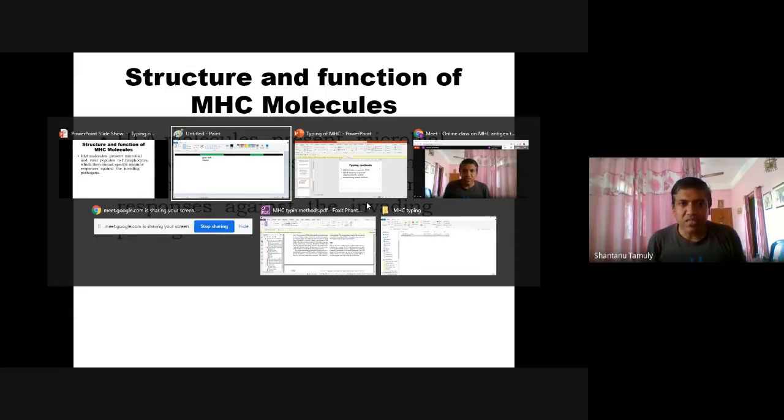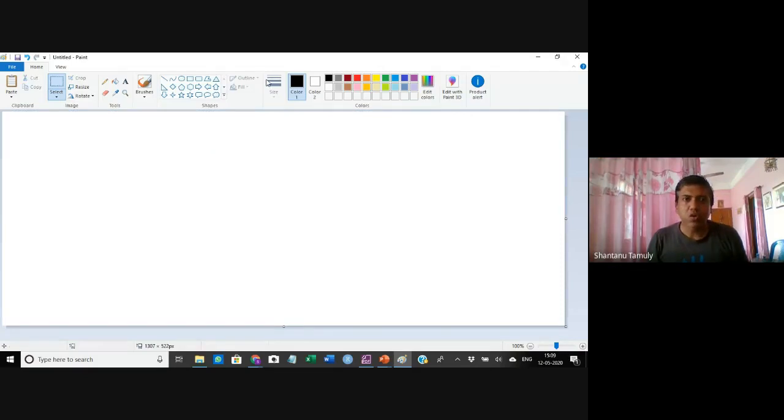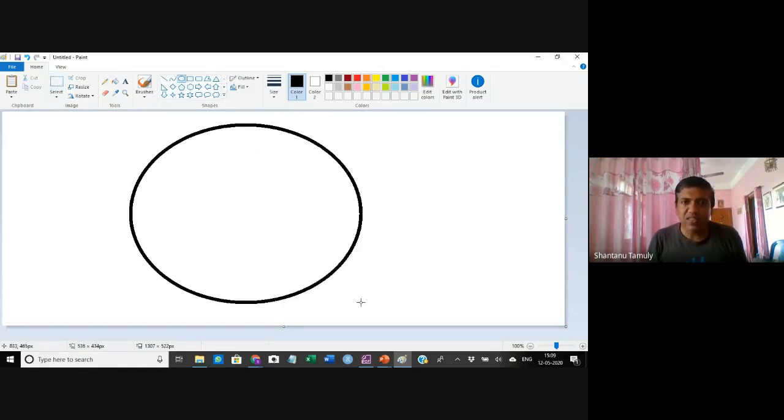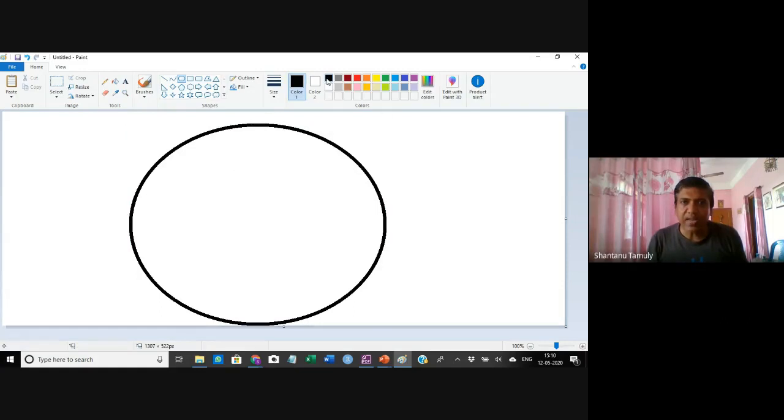Let me go to this. Normally, this is a cell, and this is a pathogen. When this pathogen enters the cell, it enters in a particular fluid filled cavity that is called an endosome.